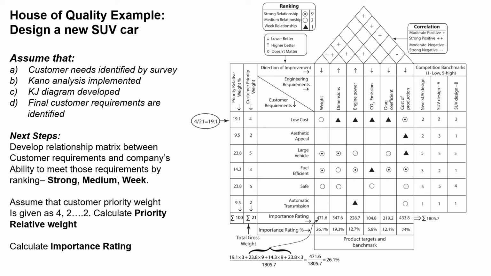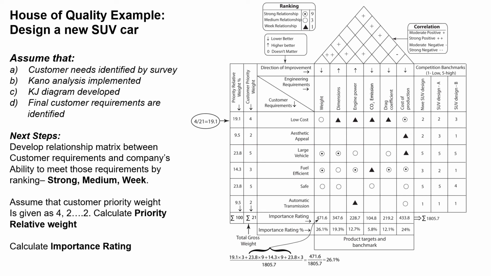And the rest of the matrix is things like to the right, you have your benchmarks, so you can see how well they do in solving the customer requirements so that you can get an idea of what a new design should be able to at least match or do better than.